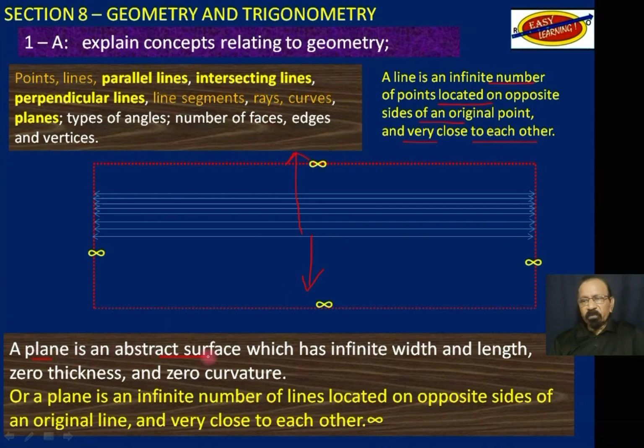It is an abstract surface which has infinite width and length, zero thickness, and zero curvature. Remember I said all of these concepts are based on the idea of a point. Or a plane is an infinite number of lines located on opposite sides of an original line very close to each other. So you have a plane.